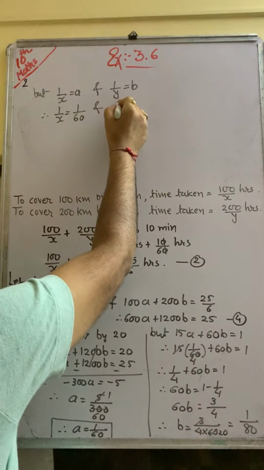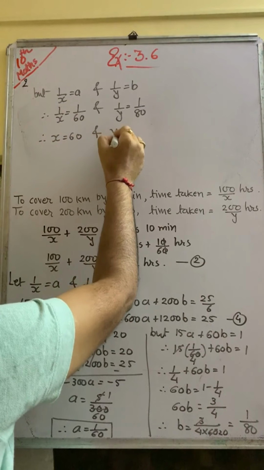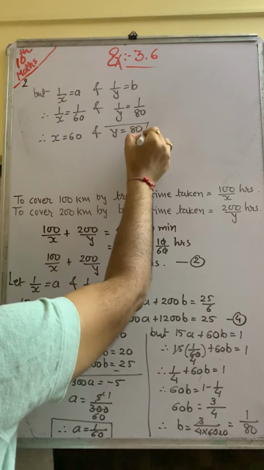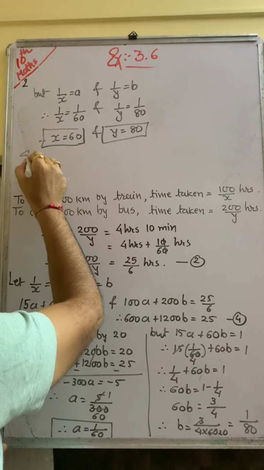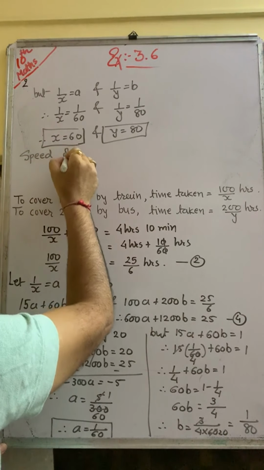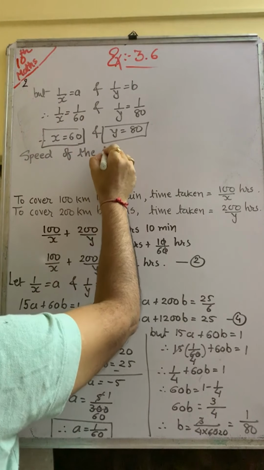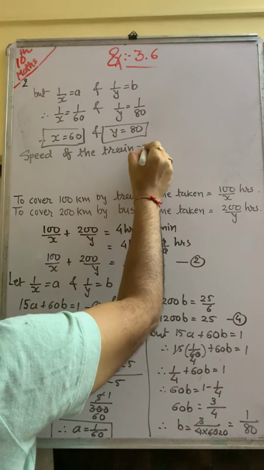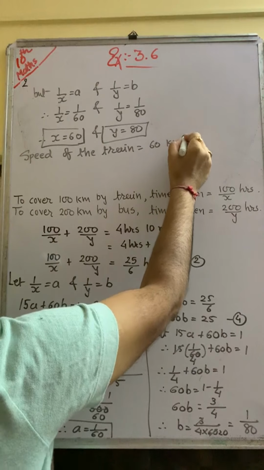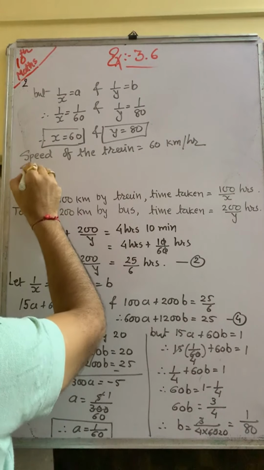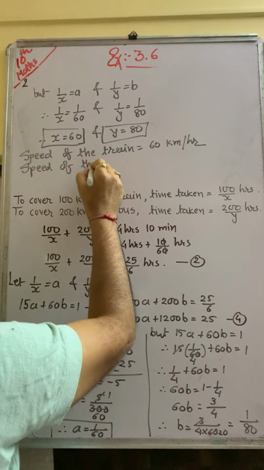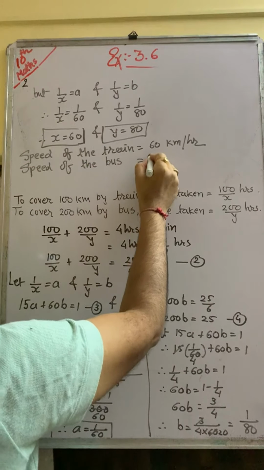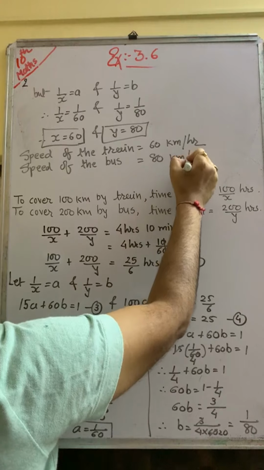Inverse it. x equals to 60 and y equals to 80. So answer is what? Speed of the train is 60 kilometer per hour, and speed of the bus is 80 kilometer per hour.